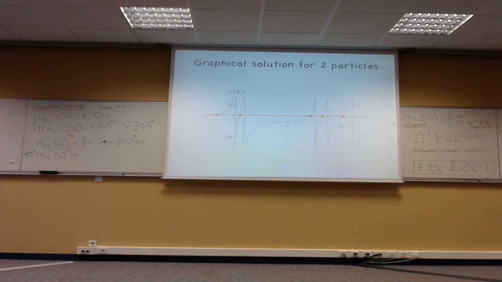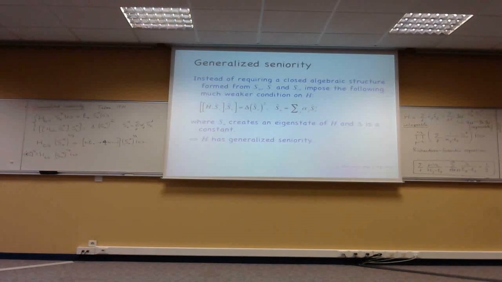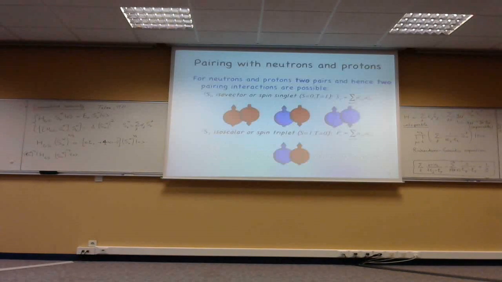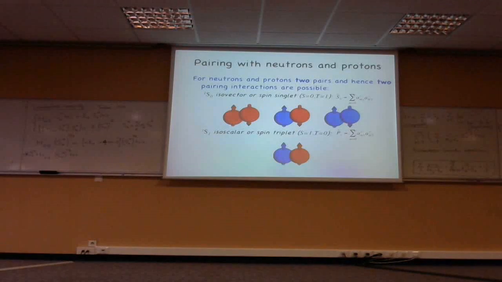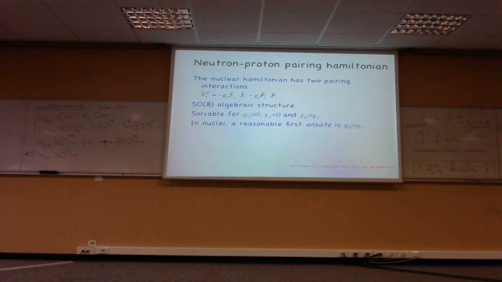Okay, so let me, I think I have finished with this, so this is basically what I wrote down. I have an example, but let me go over that. I will not say anything about neutron-proton pairing.